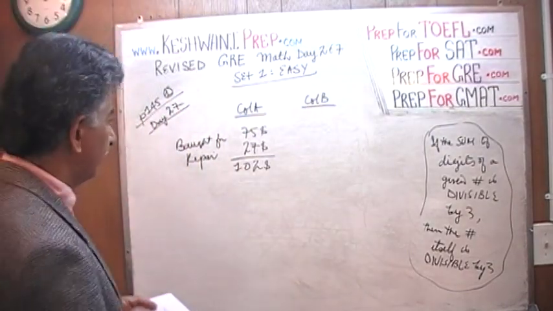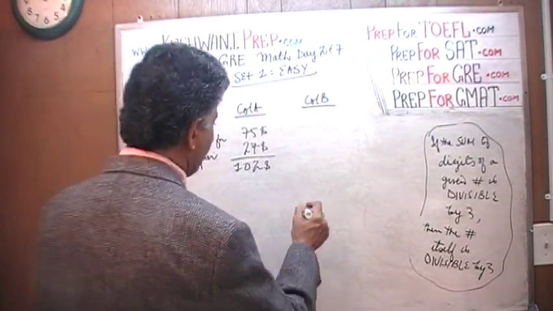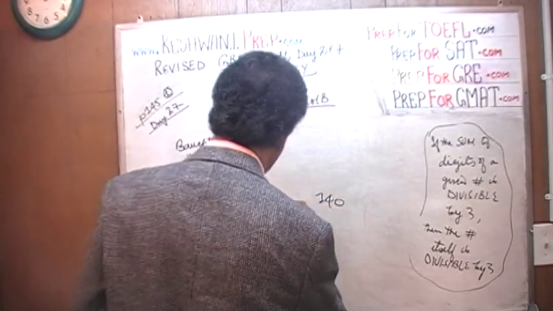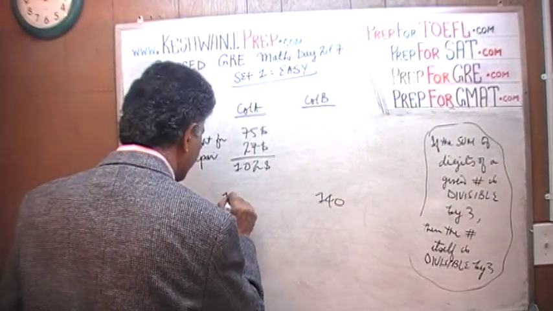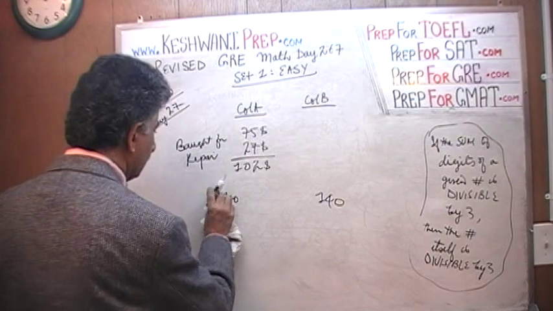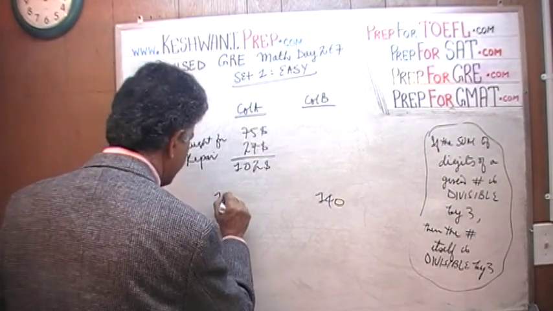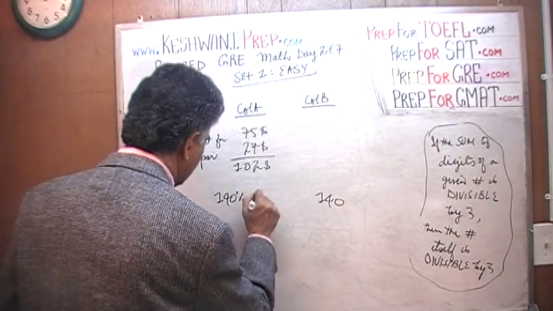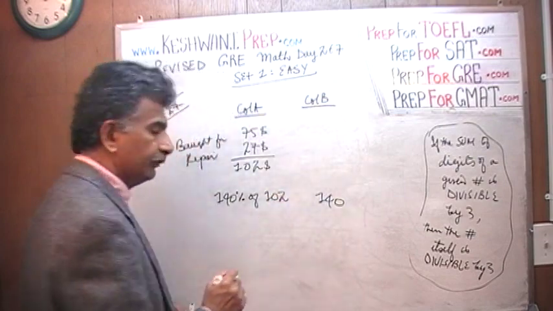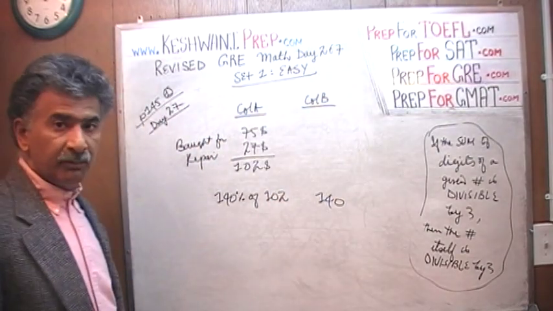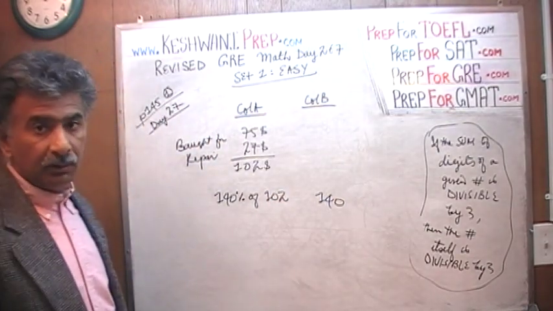The question simply is, which quantity is bigger? 140, or 140% of 102. Of course, 140% of 100 is 140.